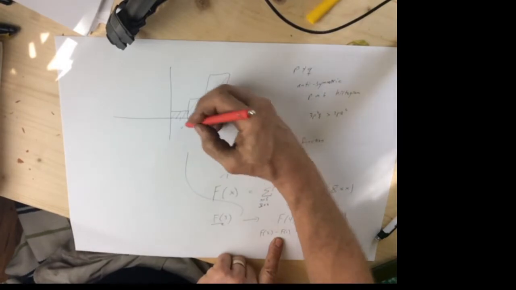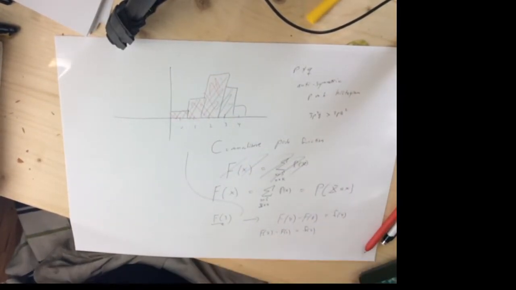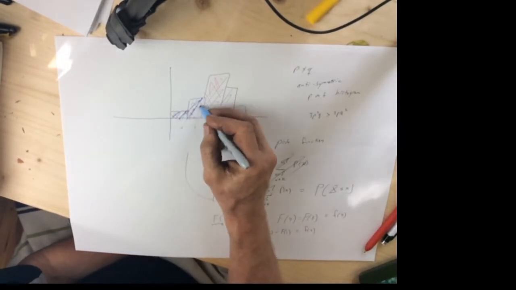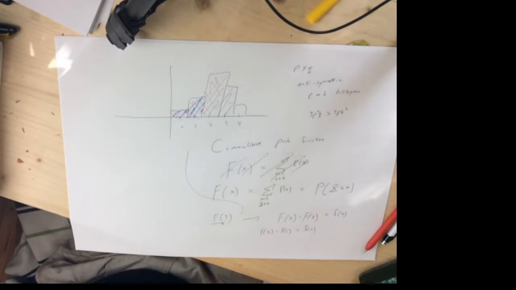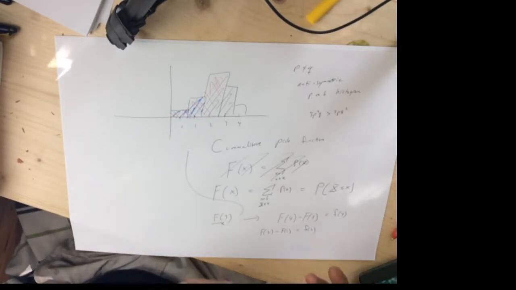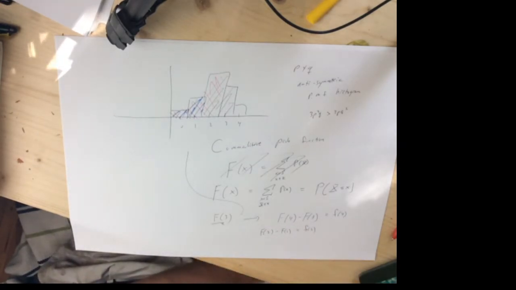This value minus this value is just that one bar. So the cumulative distribution contains the information of the probability mass function, which makes it a nice thing to know about and to work with.